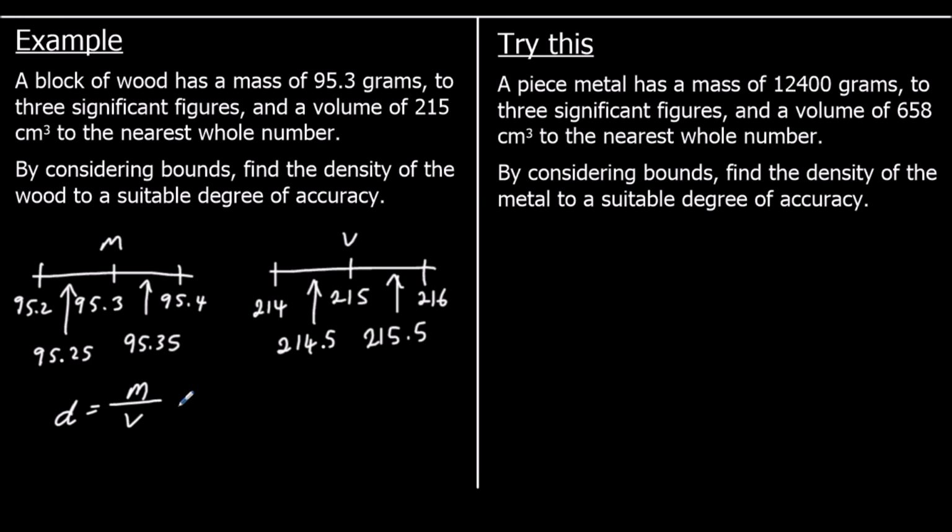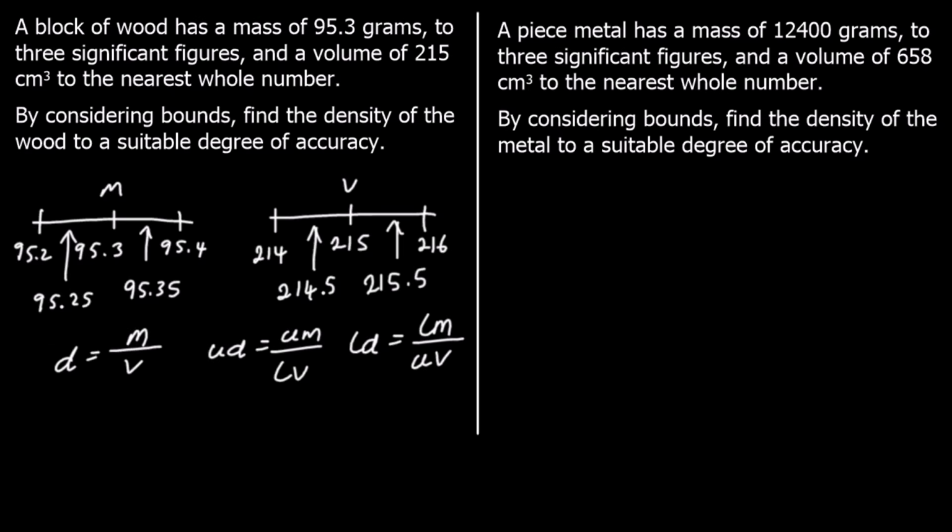So like the last question, to find the upper density, it's going to be the biggest mass divided by the smallest volume. So upper density is the upper mass divided by the lower volume, and the lower density is the lowest mass divided by the upper volume. So let's look at these bounds.